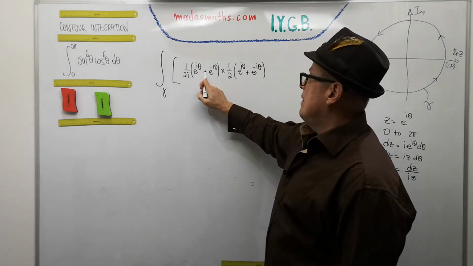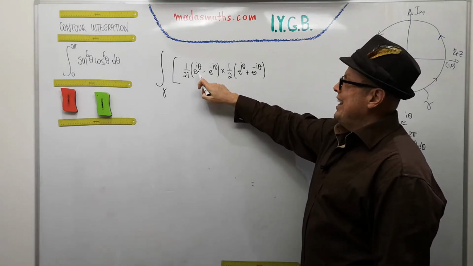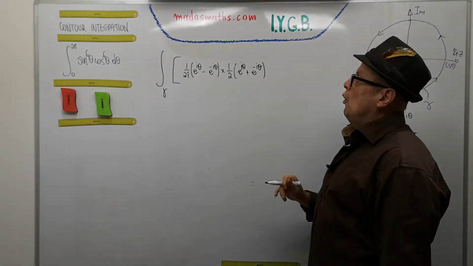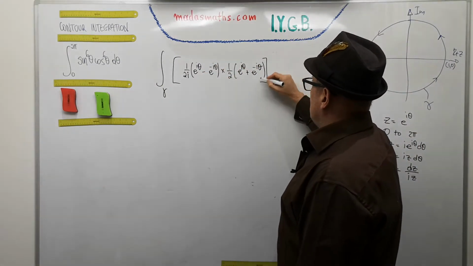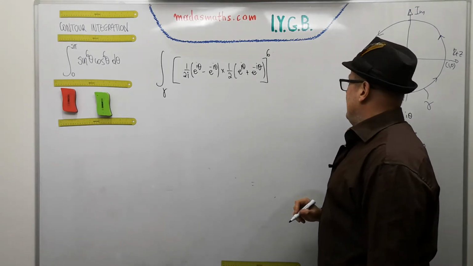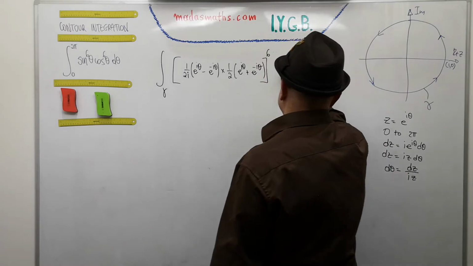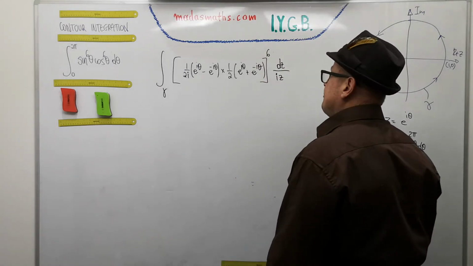That merely says that's the sine of theta, and this says the cos of theta. So this is sine times cos, and of course it needs to be to the power of 6, and the d theta we did change, and the d theta turned out to be dz over iz.